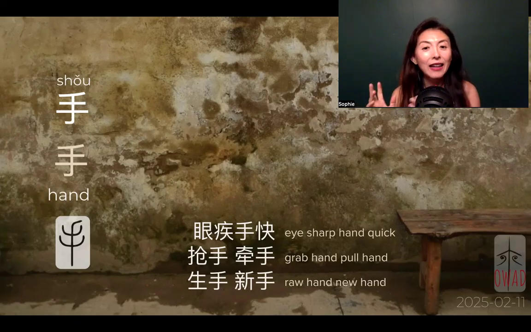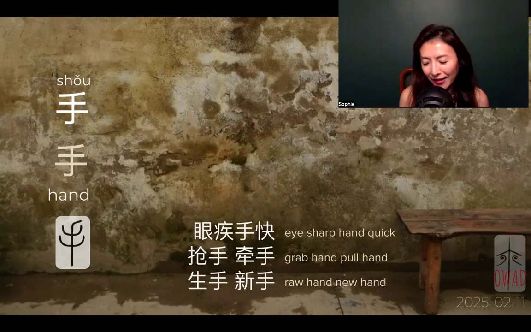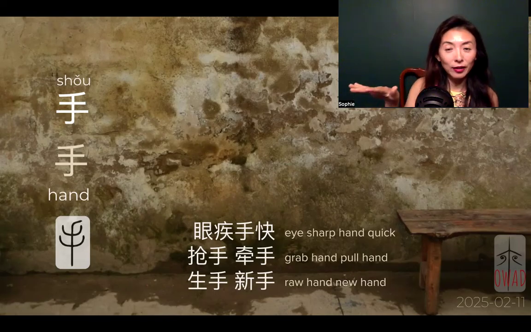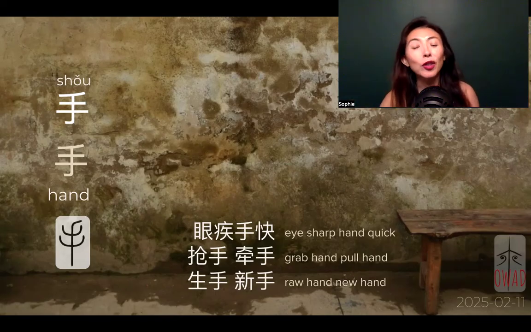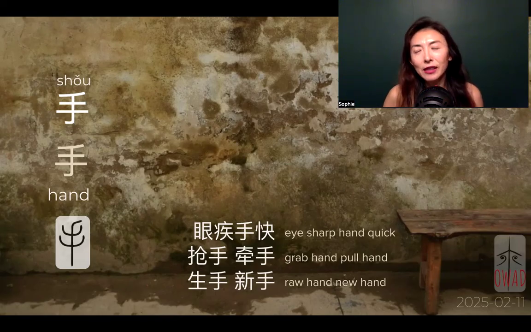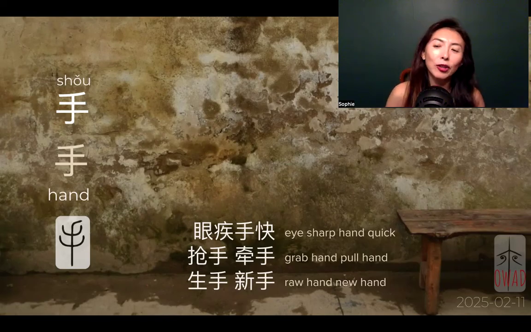Okay. 牵手, pull hand. Whose hand? In this case, it's two persons' hands, meaning you're reaching out to hold hands with somebody. So this 牵手 became a tiny special term created to mean somebody who successfully hooked up.